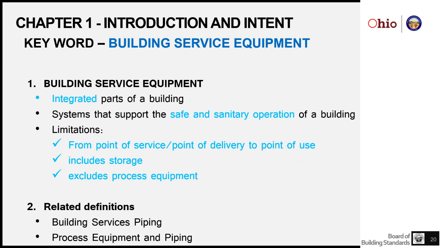So it comes from the point of service or point of delivery. It includes any storage mediums, and it excludes process equipment. So there are some related definitions out there that you can go check out to help understand this. Building service piping, as well as process equipment and piping, are out there. They'll become important when it comes to authority to regulate specific things.